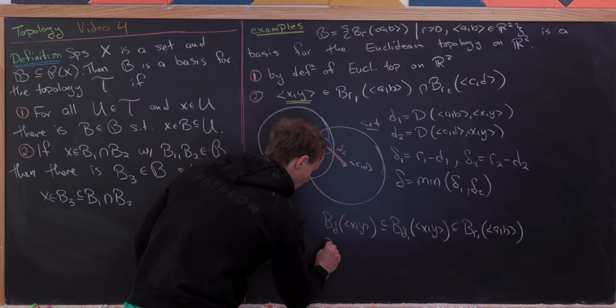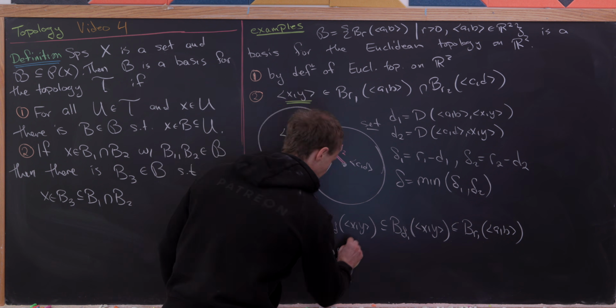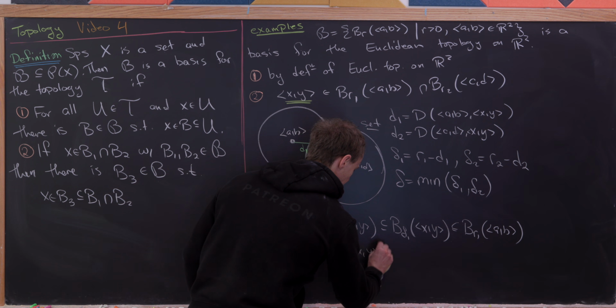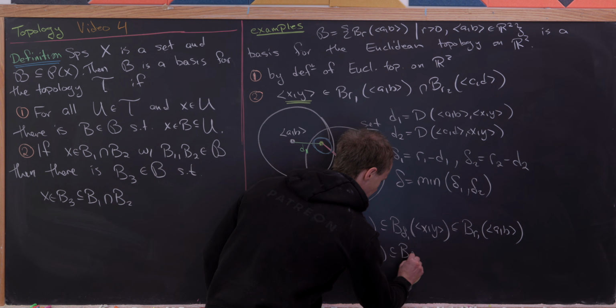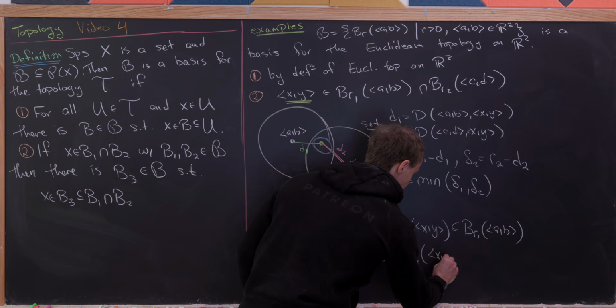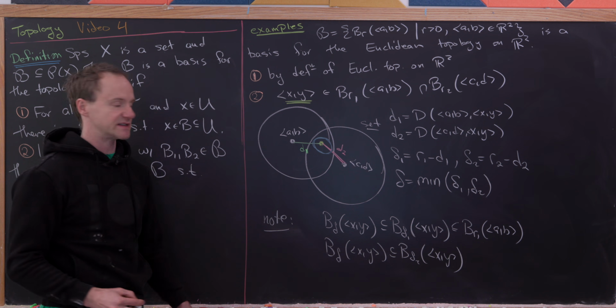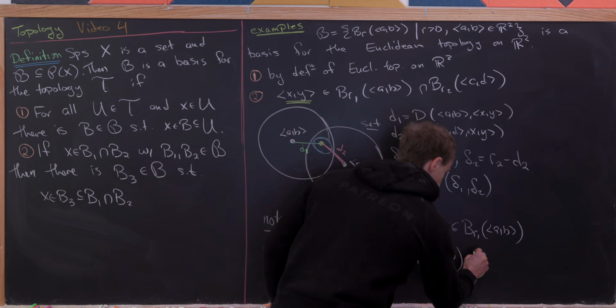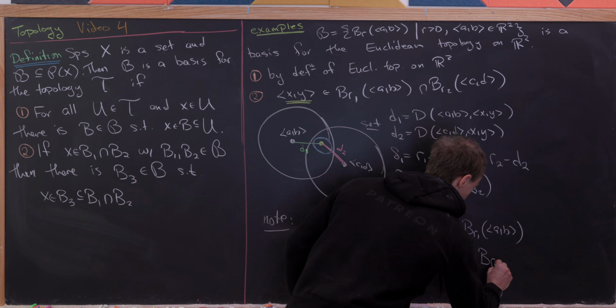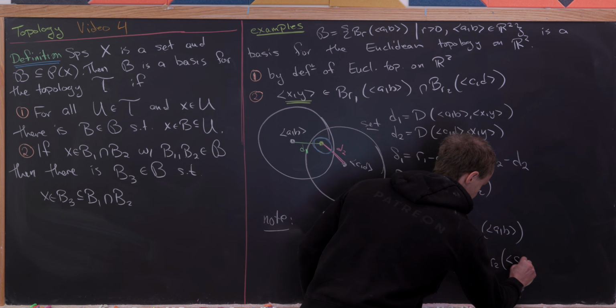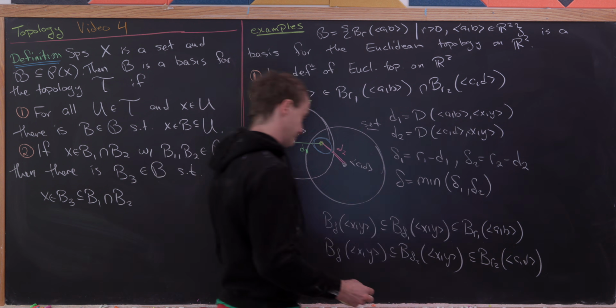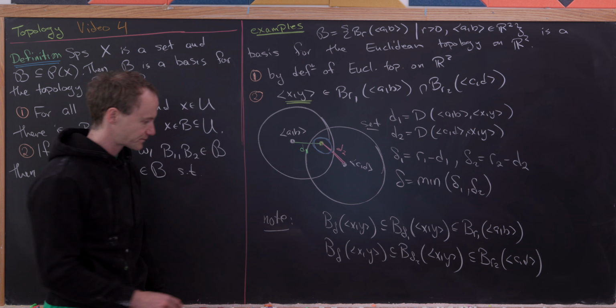And we likewise know that the ball of radius delta centered at xy is a subset of the ball of radius delta 2 centered at xy, because again, delta is less than or equal to delta 2, which is inside of the ball of radius R2 centered at CD for the same kind of reason.